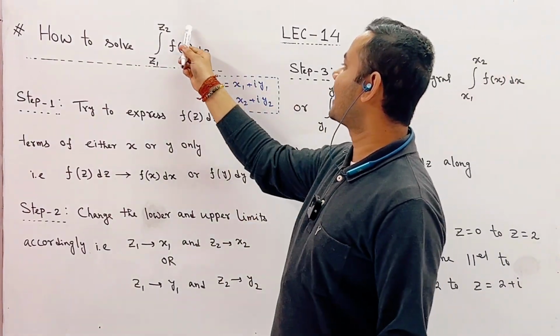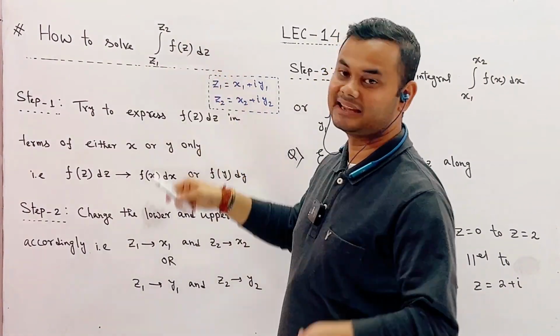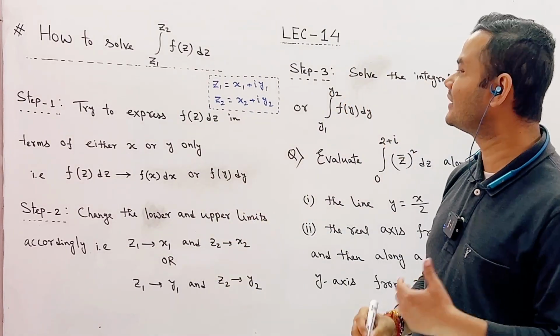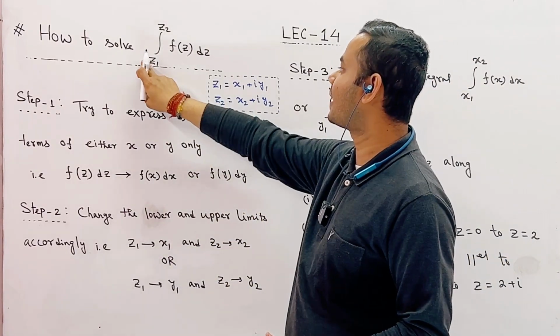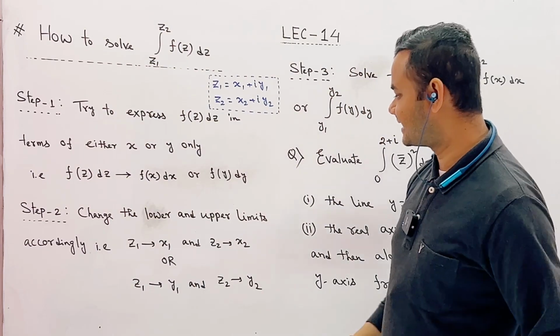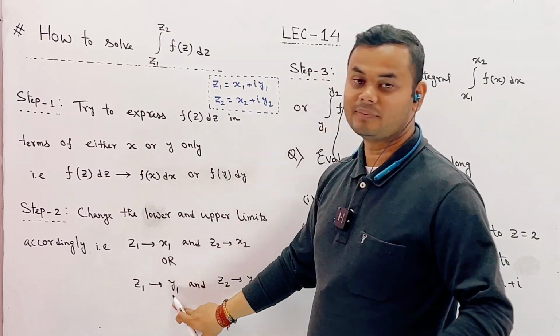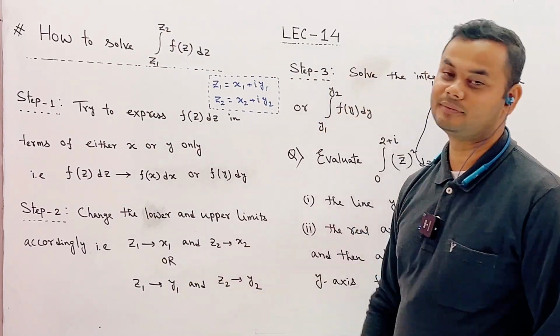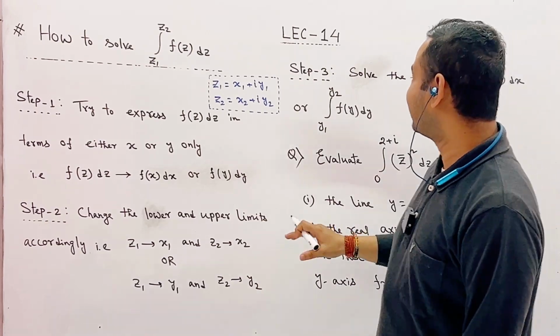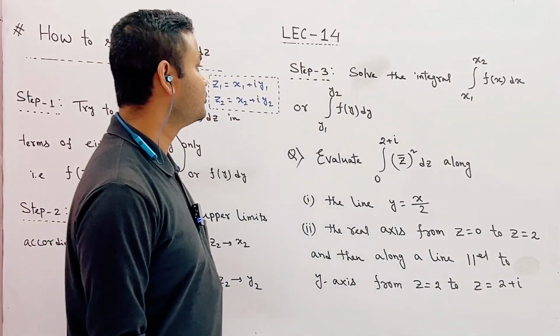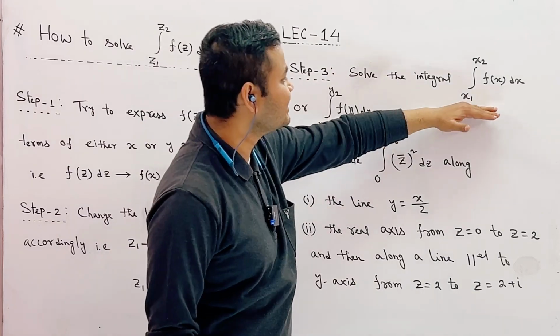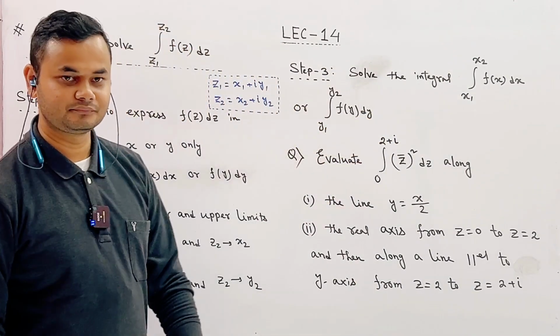Again, if we had written f of z dz in terms of y only, then we have to change the limits from y1 to y2. So in this case, z1 has to be replaced by y1 and z2 has to be replaced by y2. Finally, in step number 3, we have to solve either this integral or this integral.